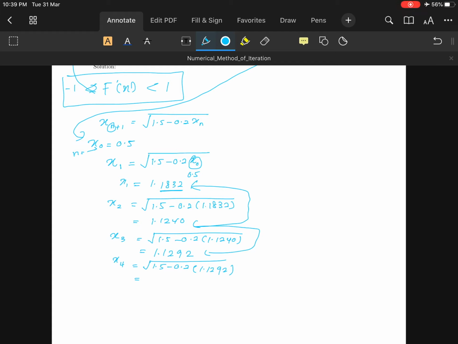So we get 1.1288. All right, so x5 will be 1.5 minus 0.2 times, sorry, we have to substitute 1.1288.